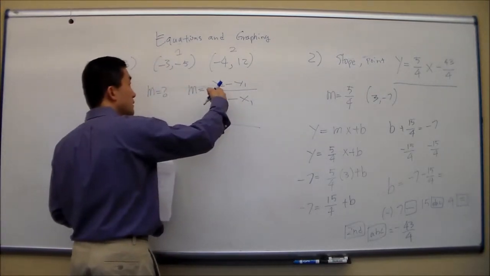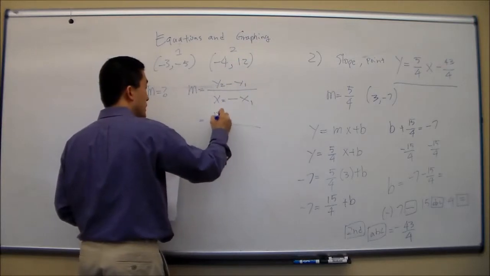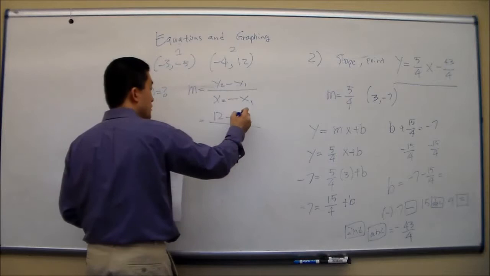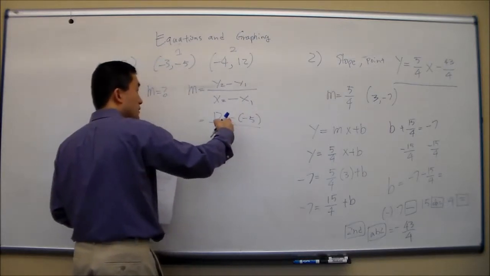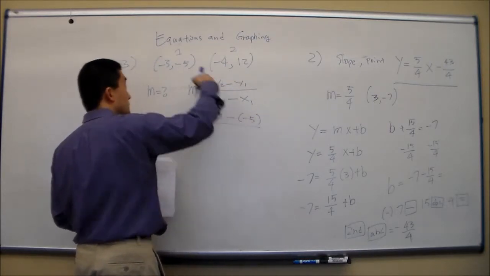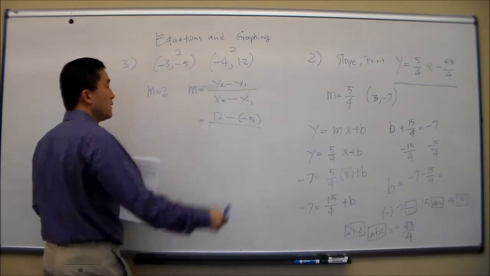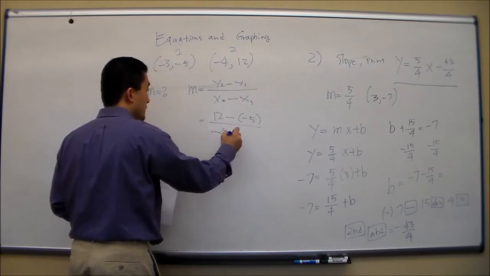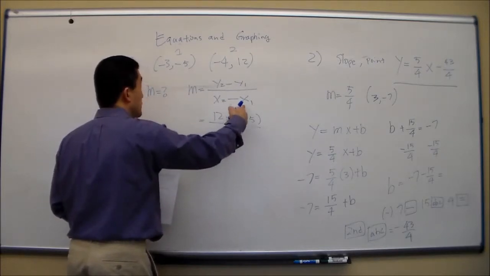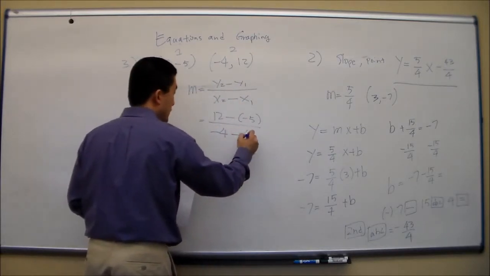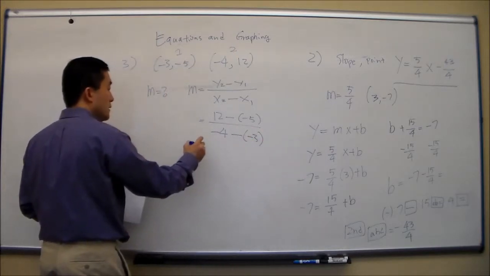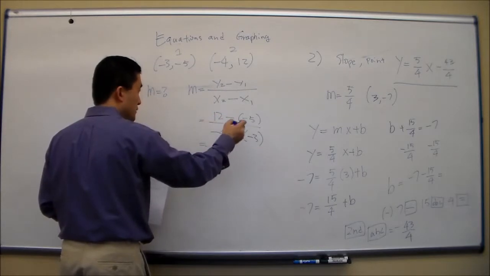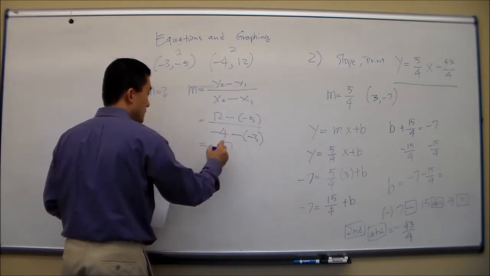So y2, which is here, 12, minus y1, which is negative 5, so it's going to be a double negative. x2 will be this number, negative 4, minus, from the formula, x1, negative 3, so it's going to be a double negative as well. 12 minus negative 5, that's 12 plus 5, that's going to be 17.